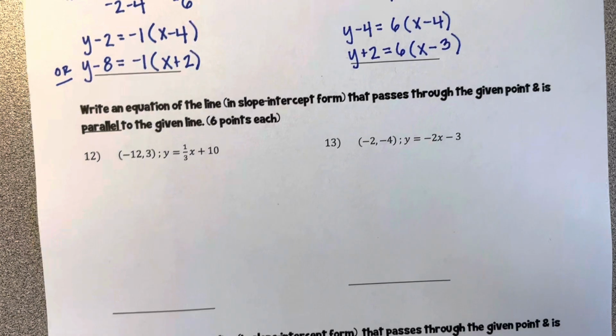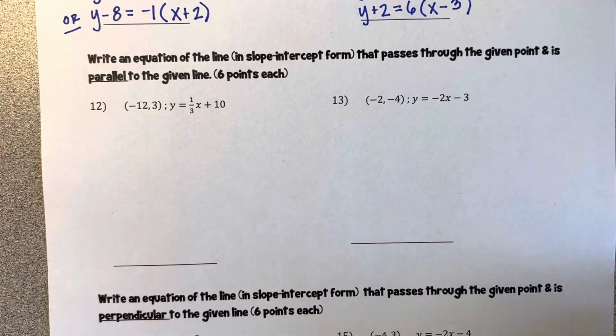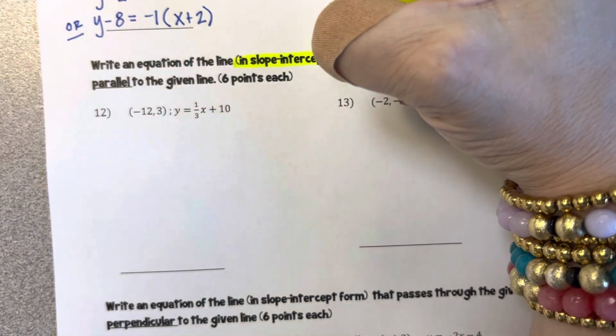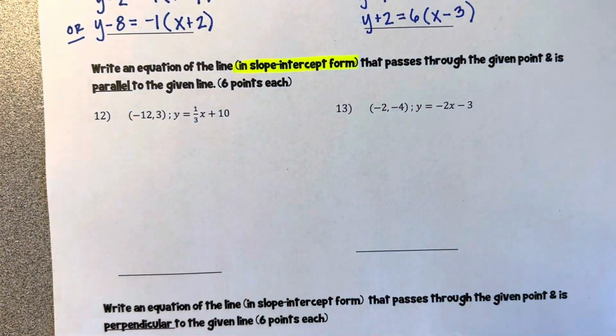Okay, on the next section, it says write an equation of the line in slope-intercept form that passes through the given point and is parallel to the given line. So we need to have the same slope. Parallel means that the slopes are the same.